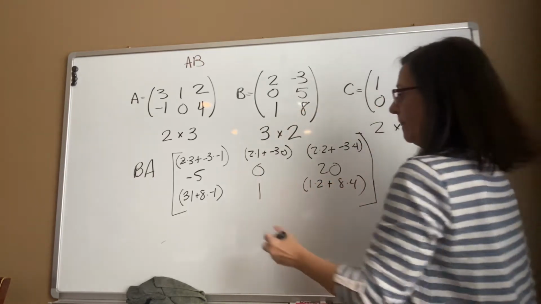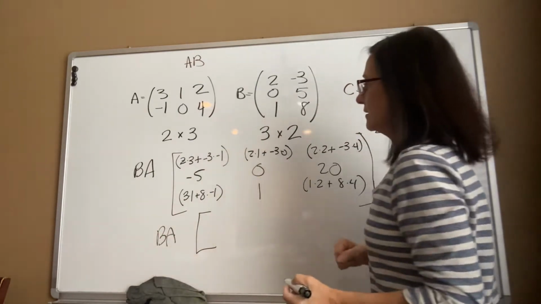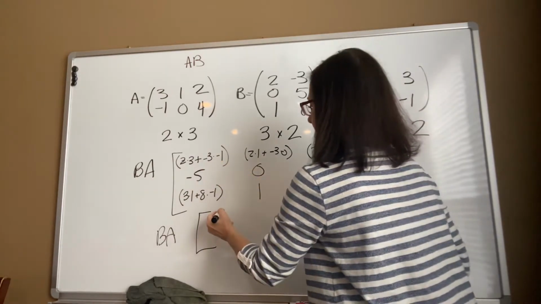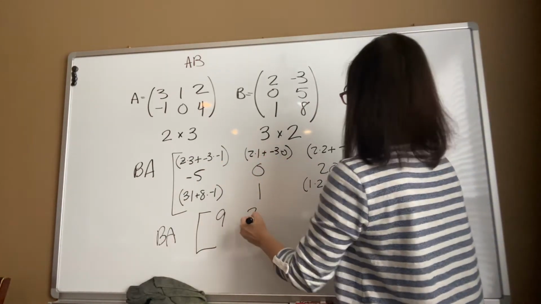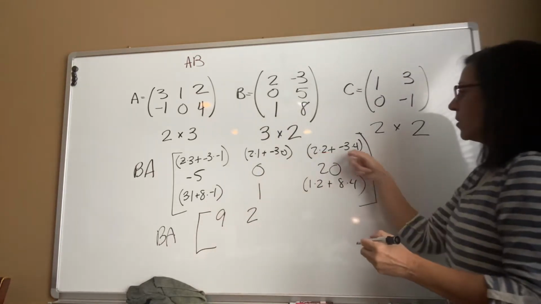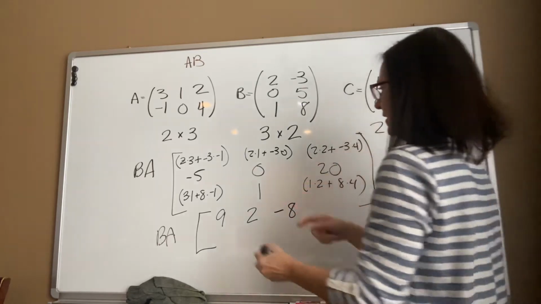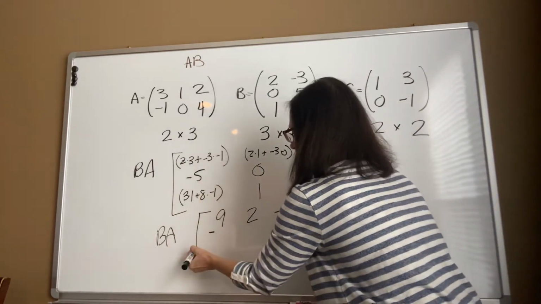All right, so what will it look like? That's 6 plus 3 is 9. 2 plus 0 is 2. That's 4 minus 12 is going to be negative 8. Then we have our second row. I need to move this down a little bit, don't I?